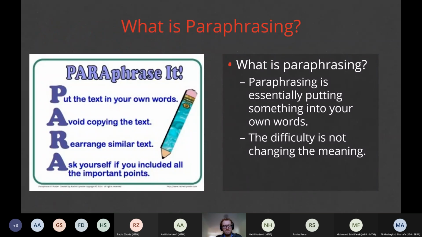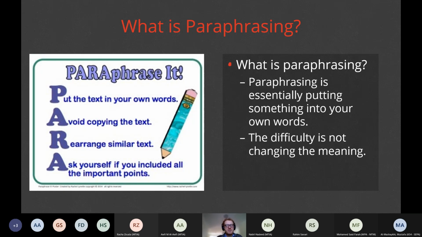As I was saying before, sorry about that, paraphrasing is essentially putting something into your own words, and the difficulty is not changing the meaning. Putting something in your own words is a fairly simple process, but keeping a very similar or the exact same meaning is a more complicated process.